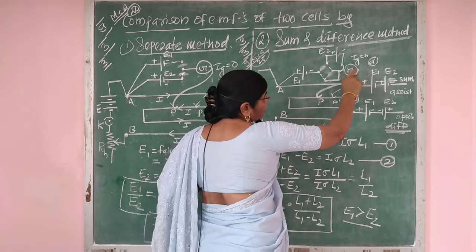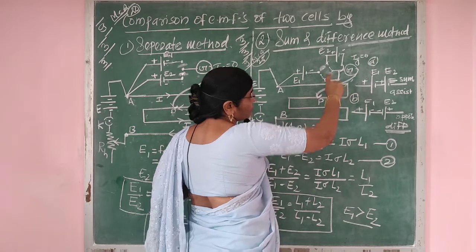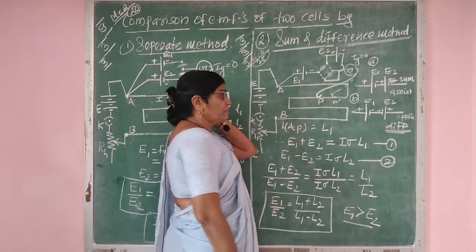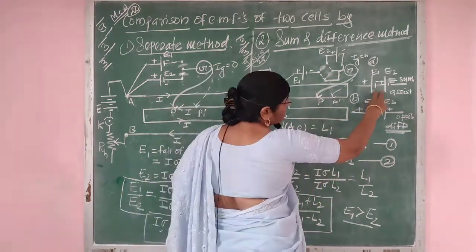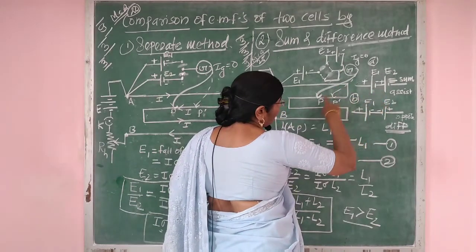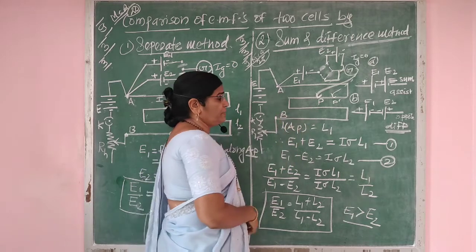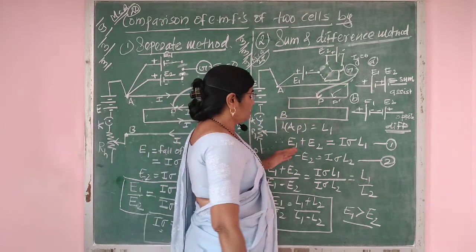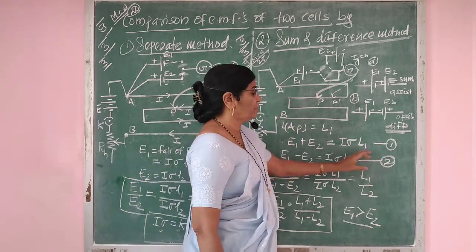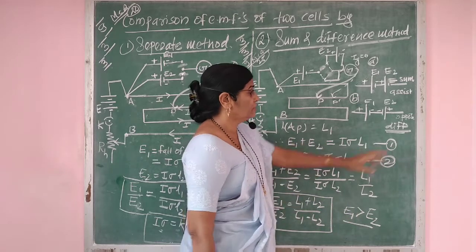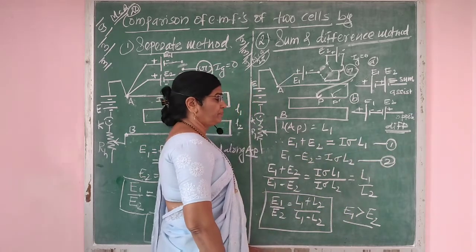And to flow the current through the galvanometer, this key is also placed, means the two cells assist each other. At that time the balancing point is observed at P. The length of AP is capital L1 and hence E1 plus E2 is equal to I sigma capital L1. This is equation number 1.